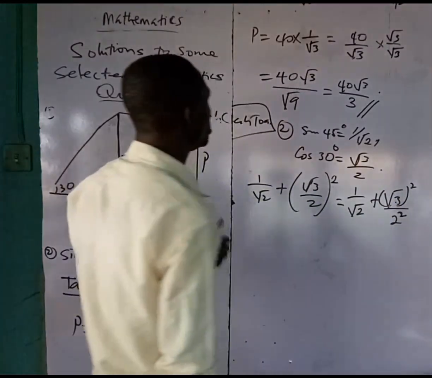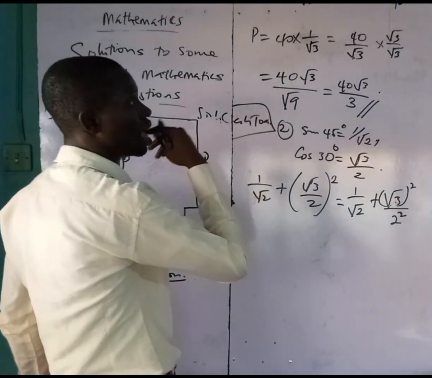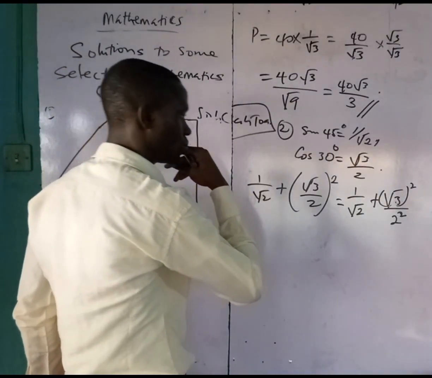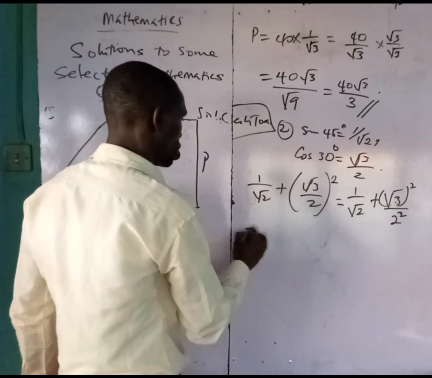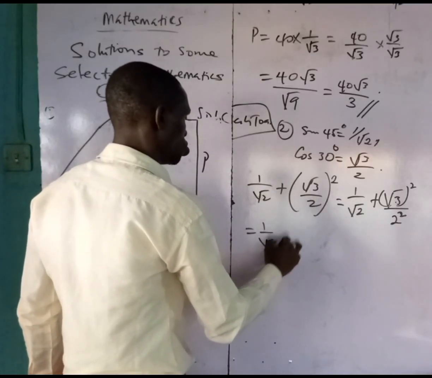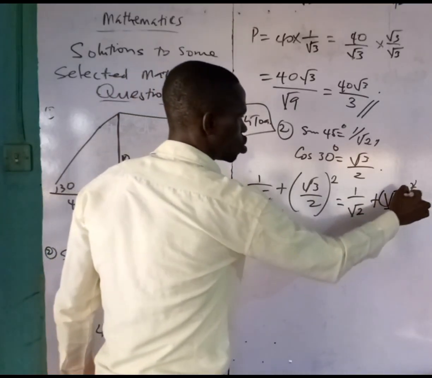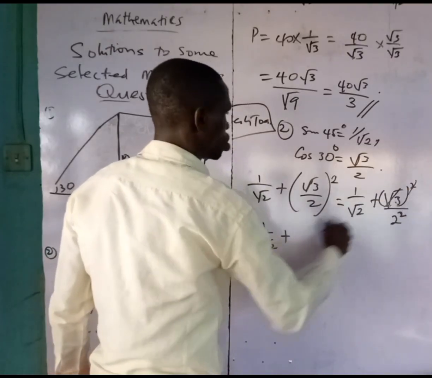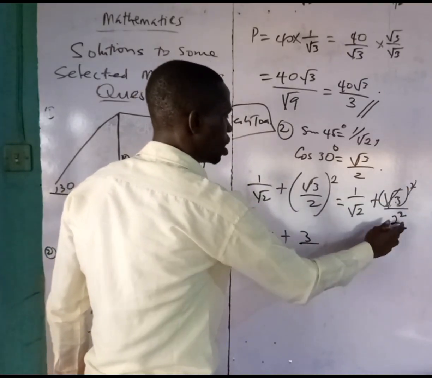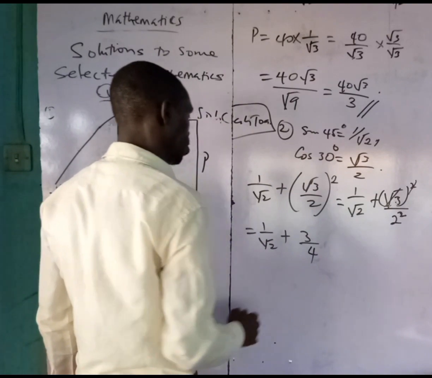You should remember how we did it the other time while we were solving that number 5. So this will give us 1 over root 2 plus, this square will cancel this square root. You have 3 over 2 times 2, that's 4.